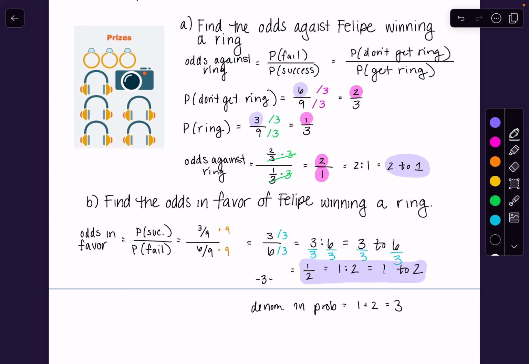So since this one is the odds in favor, my probability of success will be the first number divided by 3, and my probability of failure will be the second number divided by 3. Okay? So the two numbers in your odds add up to the denominator. So see if you can try to reverse engineer with different problems what the probabilities are.